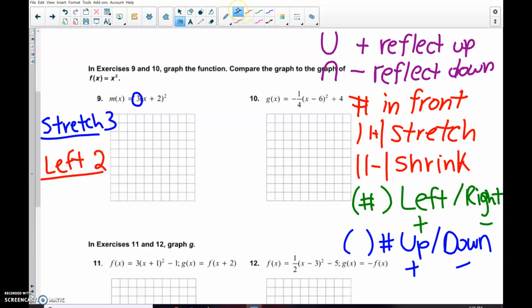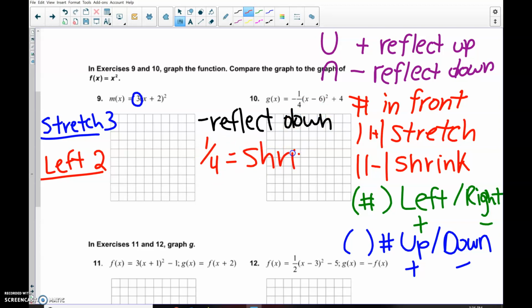Okay, let's go and look at number 10. That negative sign in front means it's going to be a reflection. So the negative makes it reflect down. Then we got the 1/4. Since it's 1/4, that's going to make it shrink because it's less than 1.